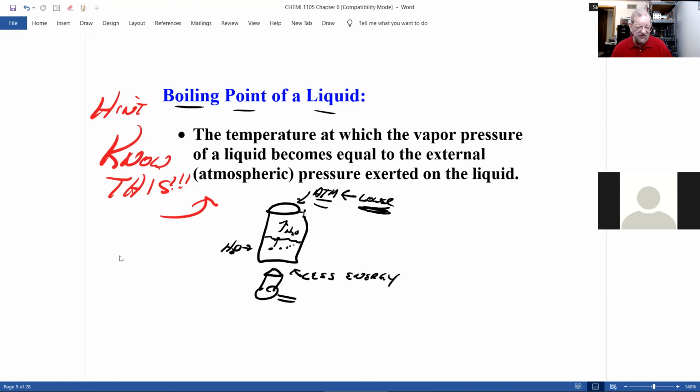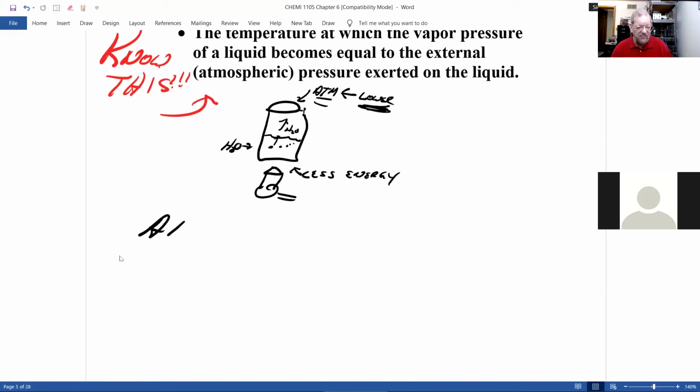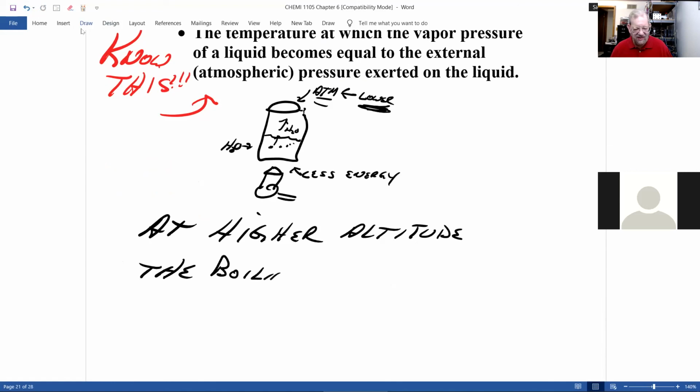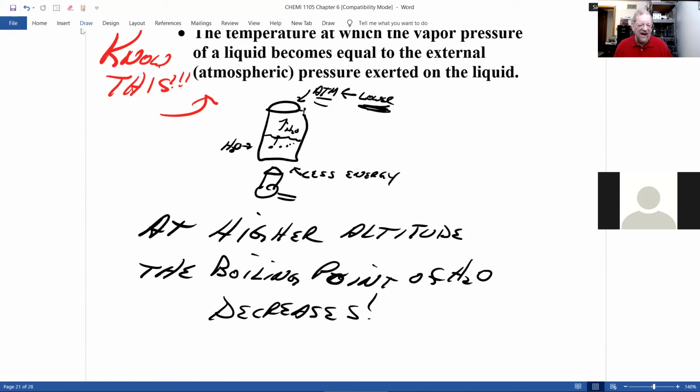And therefore, and this is something you should know, at higher altitude, the boiling point of water decreases.